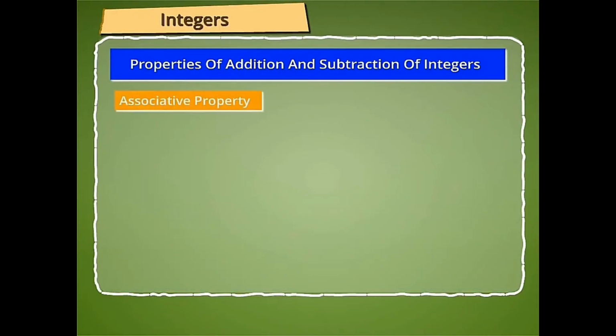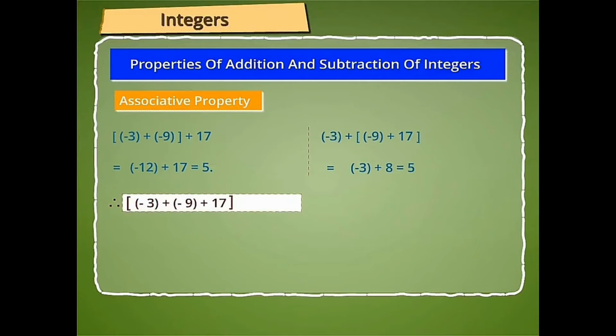Next is associative property. We know that minus 3 plus minus 9 plus 17 is equal to minus 12 plus 17, which is equal to 5. Also, minus 3 plus minus 9 plus 17 is equal to minus 3 plus 8, which is equal to 5.